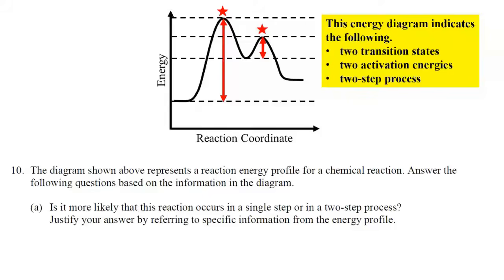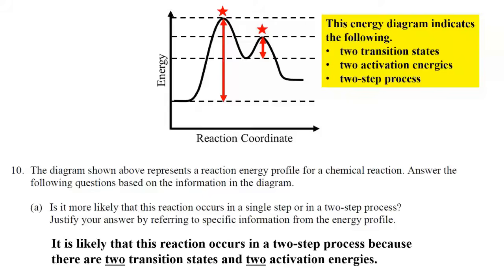So those two transition states and two activation energies would imply a two-step process. So the answer to part A is the following. It is likely that this reaction occurs in a two-step process. Why? Because there are two transition states and two activation energies.